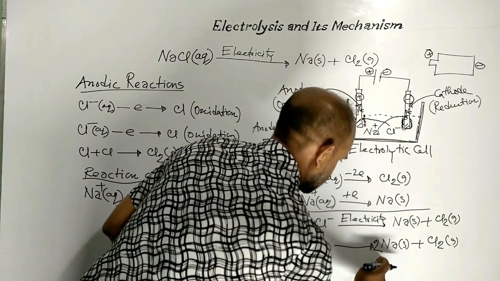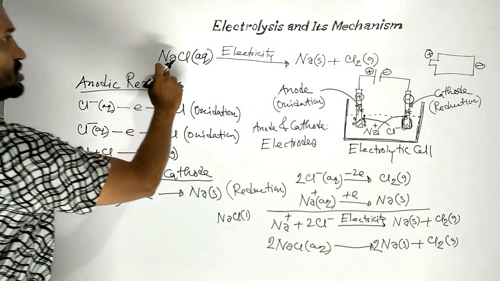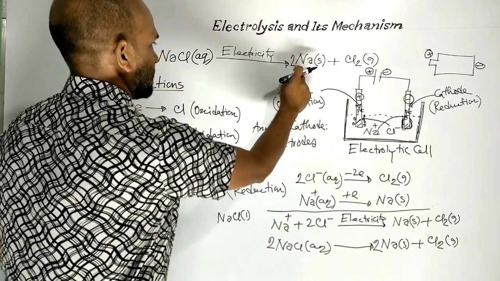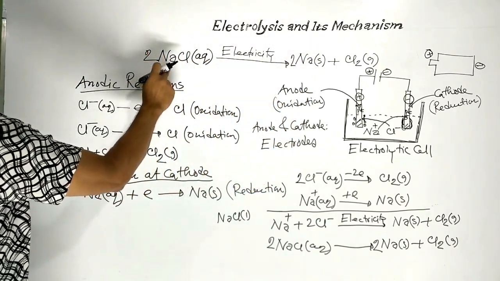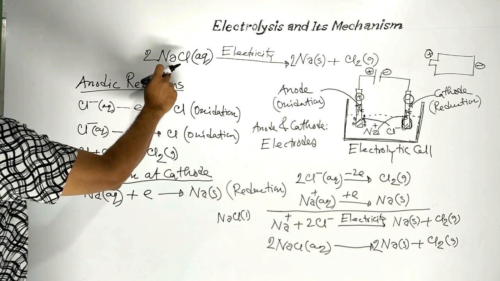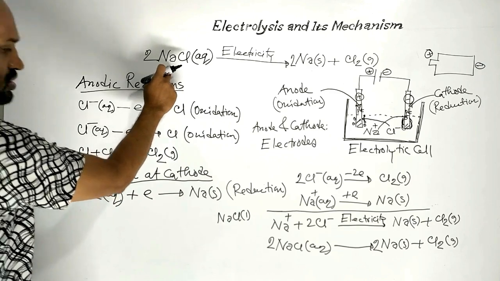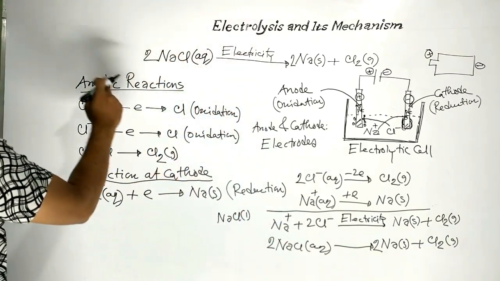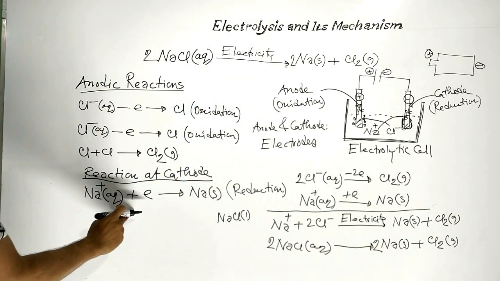Balanced reaction: we can balance this reaction in this way. Sodium chloride is the electrolyte. This is electrolysis and this is the mechanism of electrolysis.